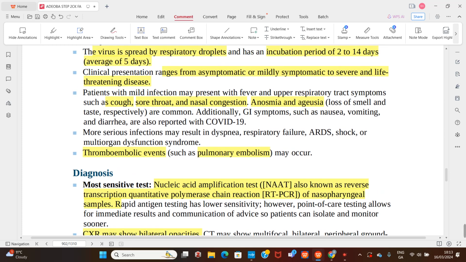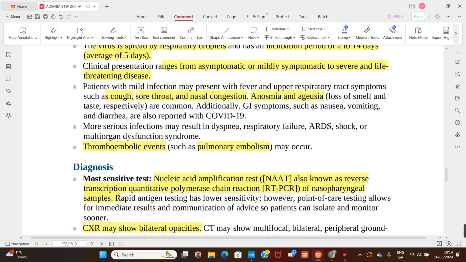So people with diabetes, hypertension, CKD can actually have it much worse. Most of the time you just see non-specific symptoms like fever, cough, sore throat, nasal congestion. The nasal congestion is telling you that this is likely to be viral.